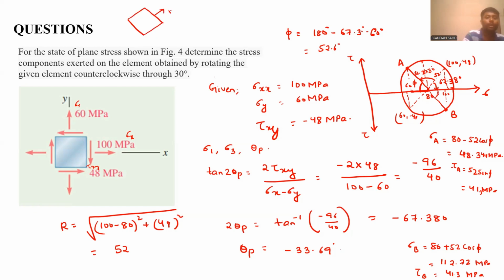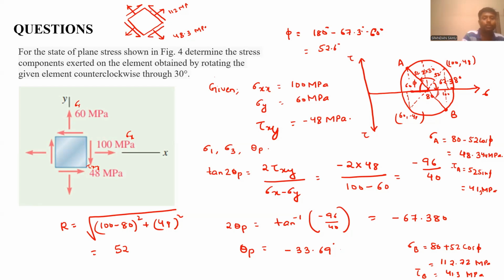So this is 112 MPa. Same for this side also. And here this is 48.3 MPa. And all those shear stresses are positive.